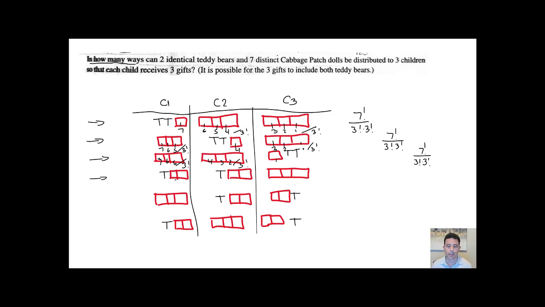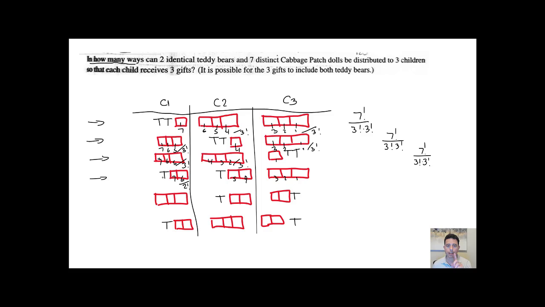Look at the fourth case, 7, 6, 5, 4, 3, 2, 1. This would be divided by 2 factorial. Now why is it divided by 2 factorial? That's because in this group, for child number 1, I have these 2 spots for distinct elements.